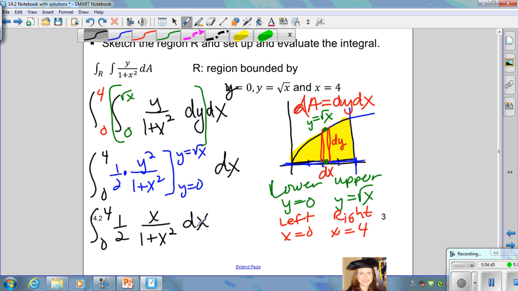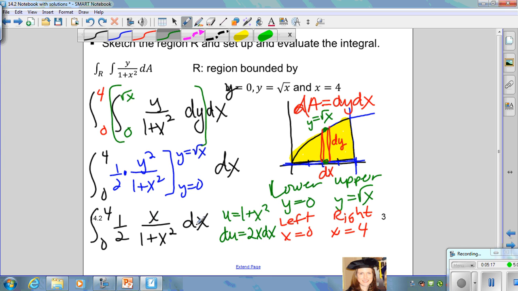You can use a graphing calculator's integration feature to approximate this solution, or we can use u-substitution. I would let the denominator be our u. If we let u equal 1 plus x squared, then du equals 2x dx.